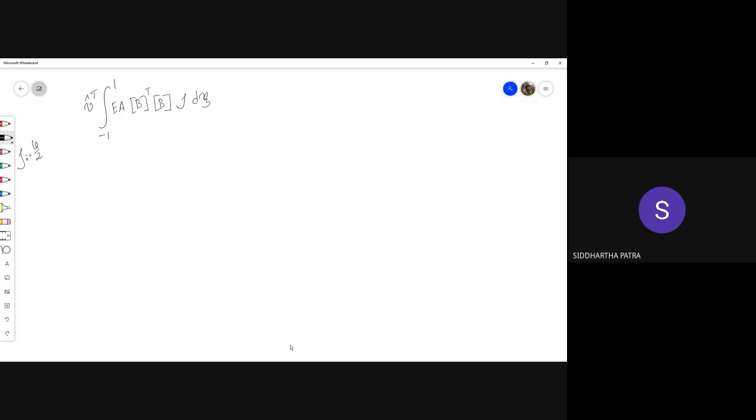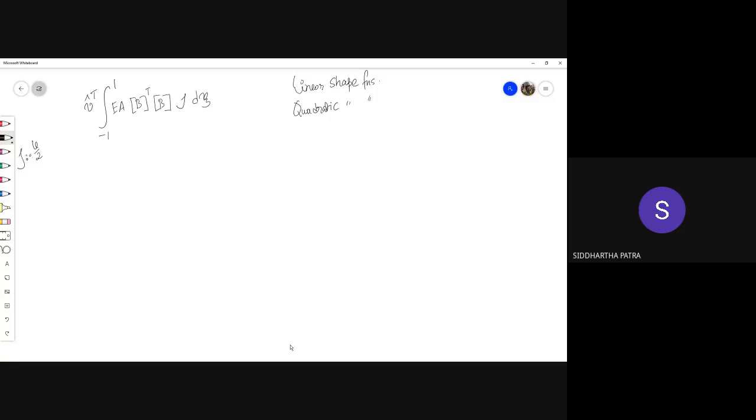I'm not making any consideration whether I'm considering linear shape functions or quadratic shape functions. I'm not making any assumption.